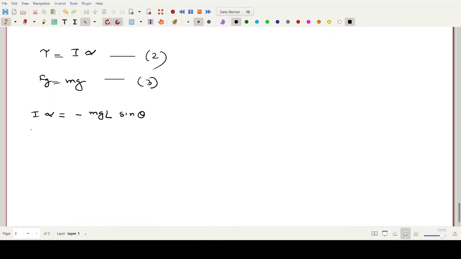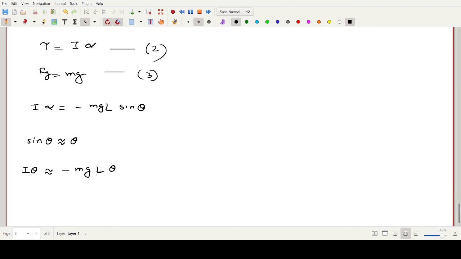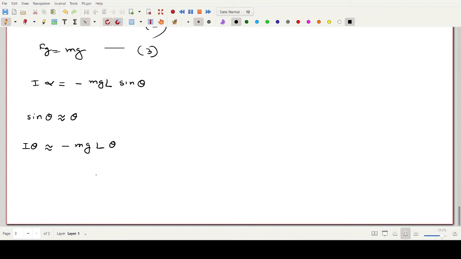Now if theta is very small, then sine theta is approximately equal to theta. In that case, I alpha is approximately equal to mg L theta.